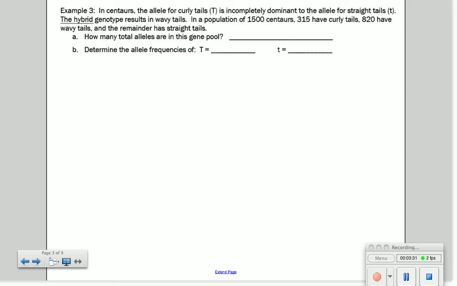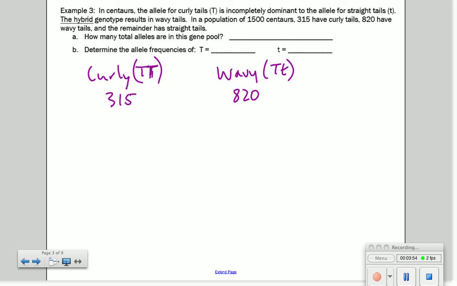So basically what you want to do is break it down like they did in example 2, where I have curly, which is big T, remember? Okay. I have 315. And for wavy, big T, little t, I have 820. And then for straight, which is what I have left over, so this is little t, I have 365.